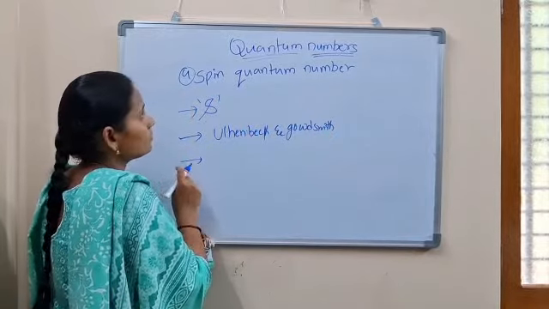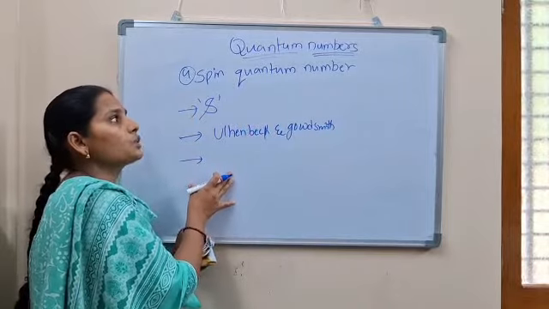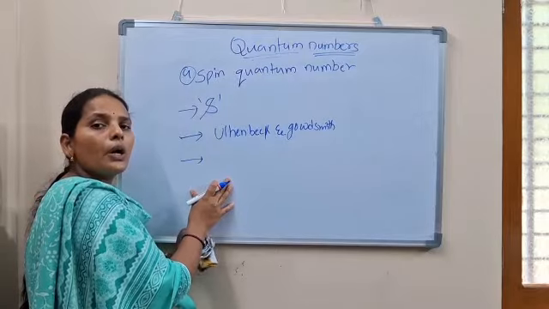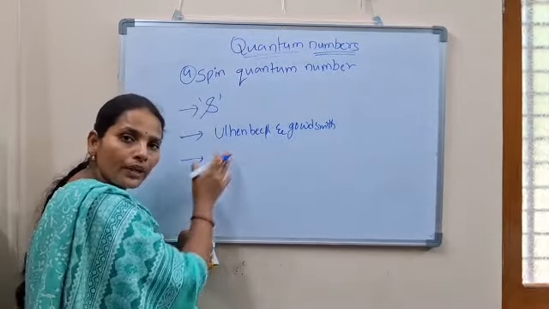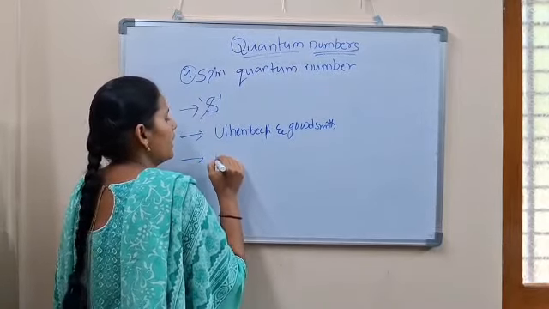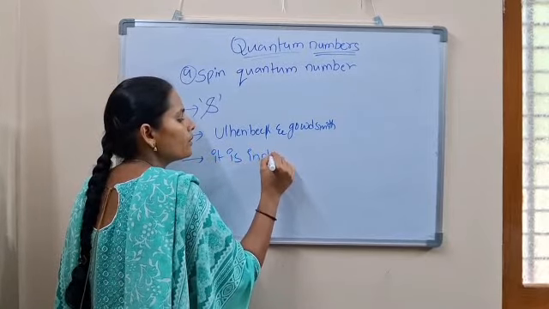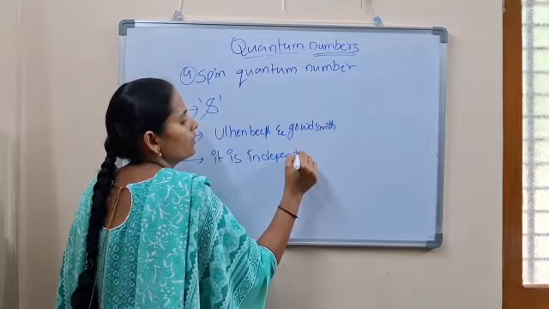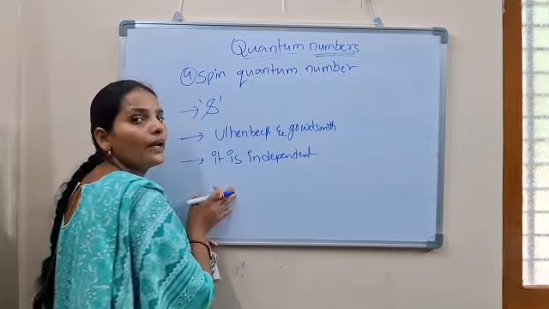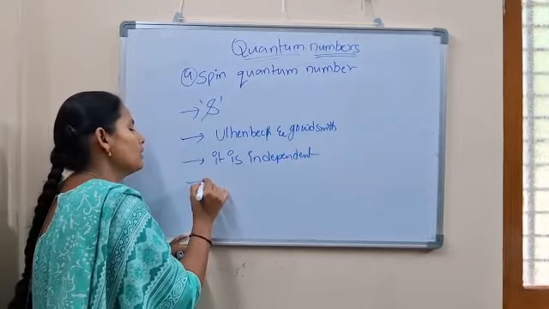Okay, next. The spin quantum number is independent of the previous quantum numbers. It is an independent quantum number, which means it does not depend on any other.